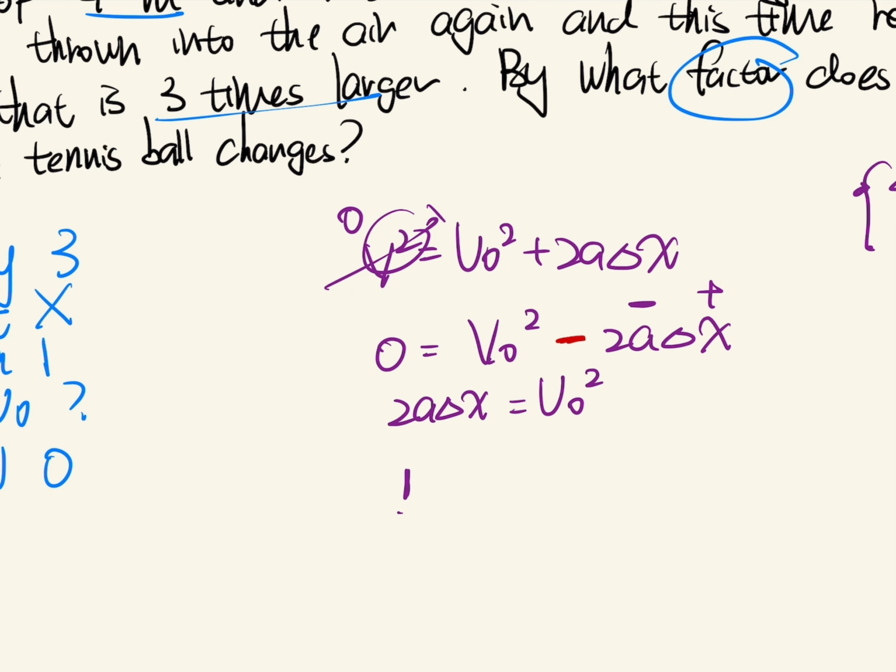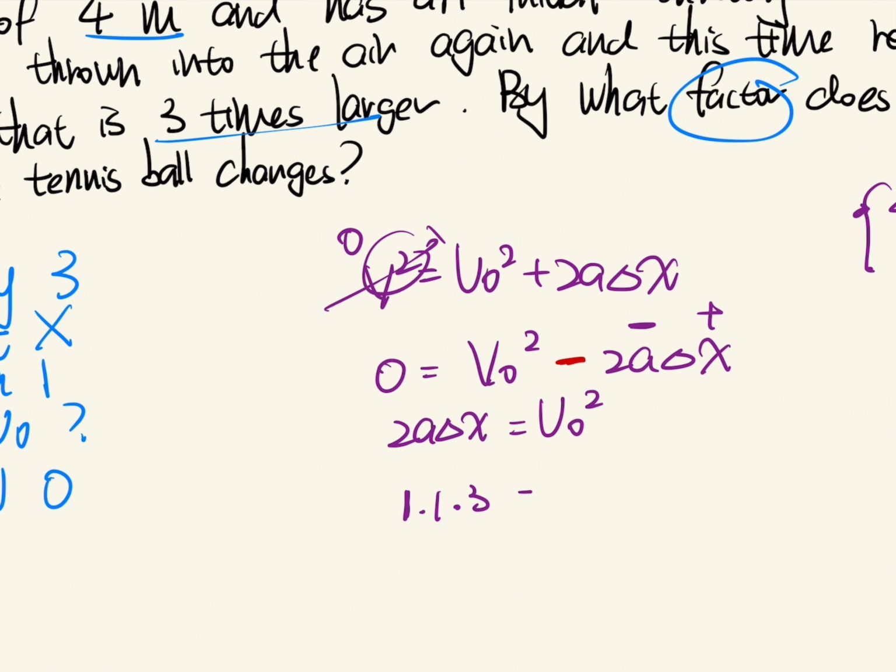So the factor is 1. For the acceleration, we know the factor is 1 because it doesn't change as well. And we know the displacement is 3 times larger, equals initial velocity squared.